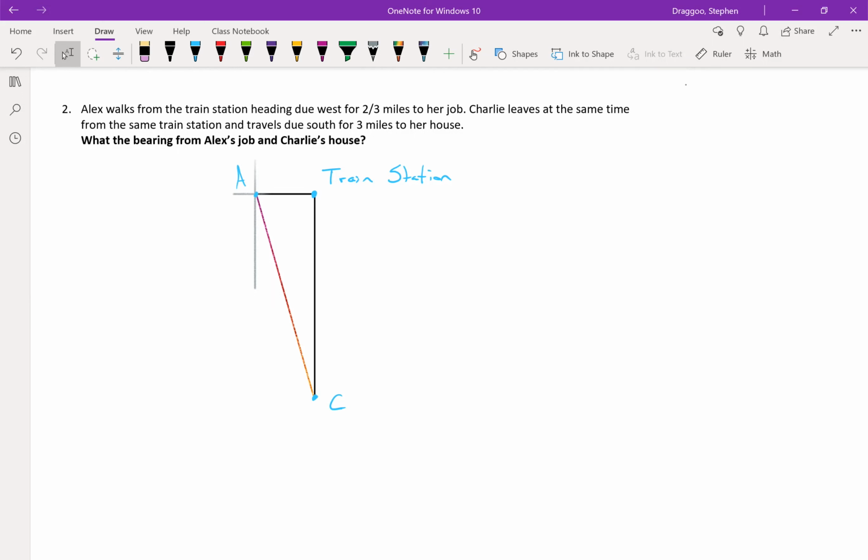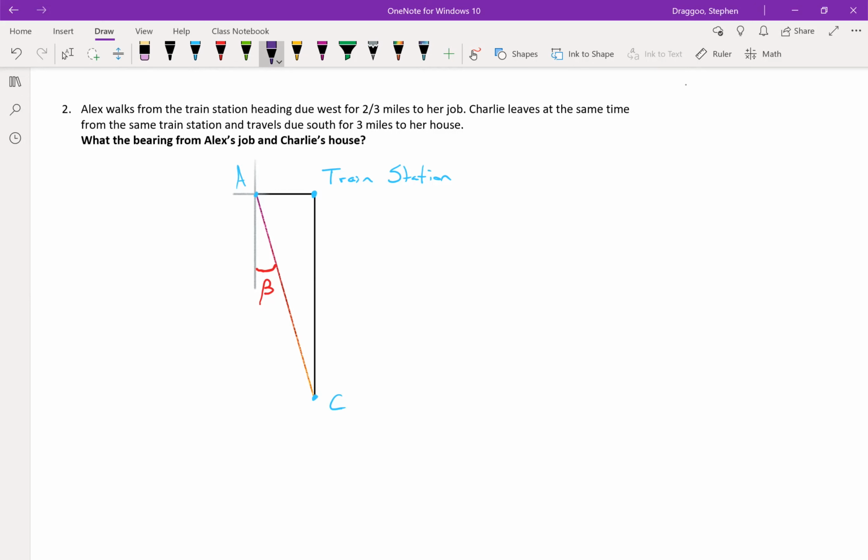And we have to get the bearing from Alex's job down to Charlie's house, which means the angle that we're interested in is going to be this one, labeled in red. I'm just going to call it angle beta. So that angle is outside of the triangle that we have. To make things a little bit complicated, but not to worry.